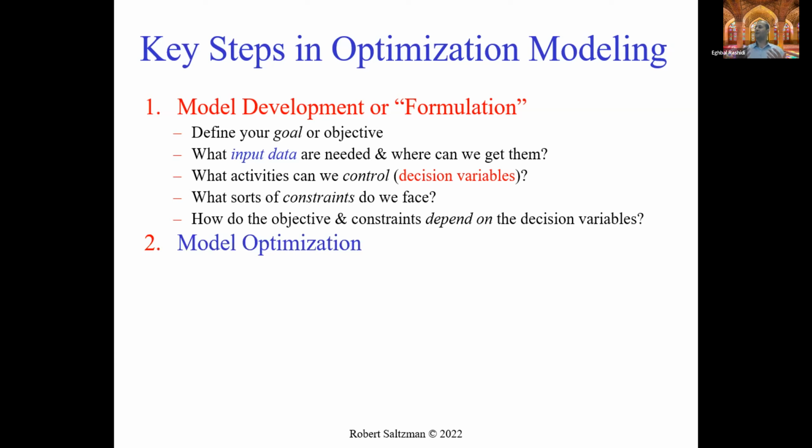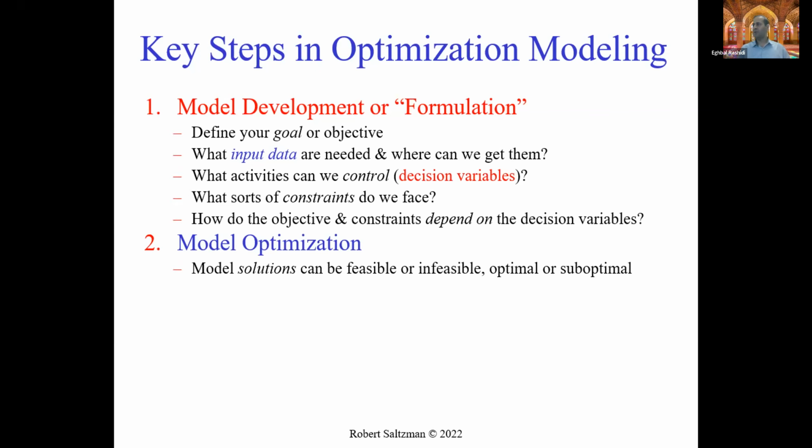After you have built your model, after the first step is done, you want to solve your model. You want to optimize it to find the optimal solution. A model solution can be feasible or infeasible. A feasible solution is a solution that satisfies all constraints.